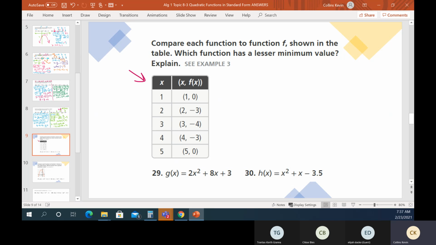So minimum value again is when we have a parabola that's going up, right? And we want to know where this thing bottoms out at. Okay, so what's the lowest point we see on this guy? What's the lowest value for x? Remember, f of x is just a fancy version of y. What's the lowest y value on this particular chart? Where are we at?